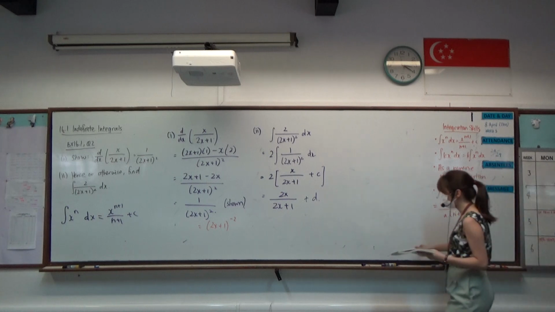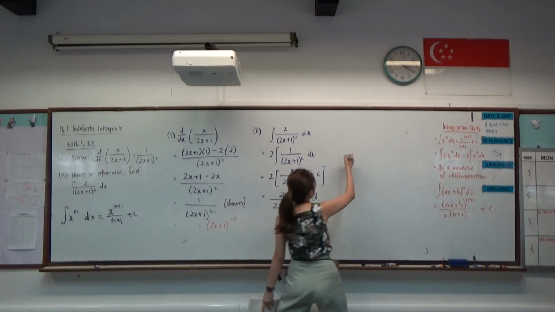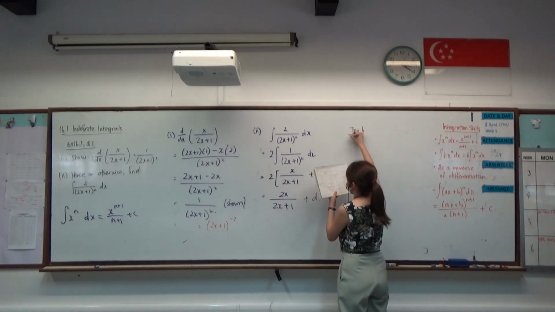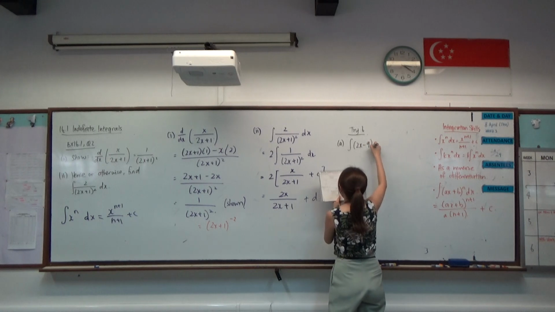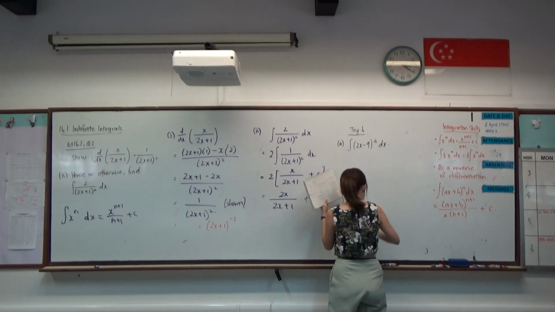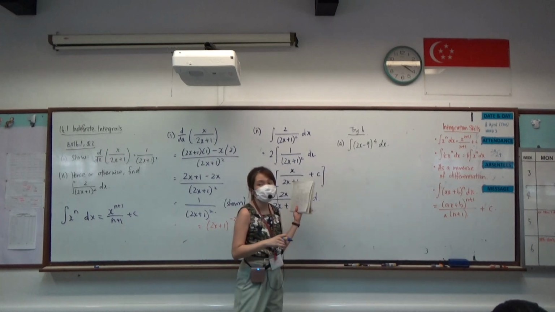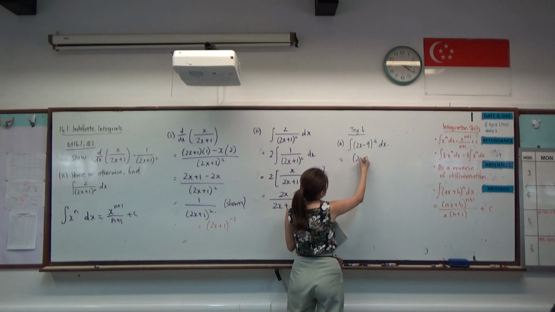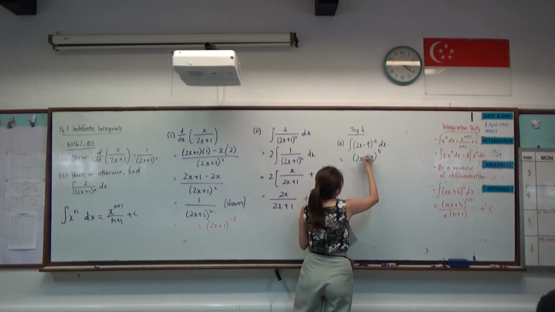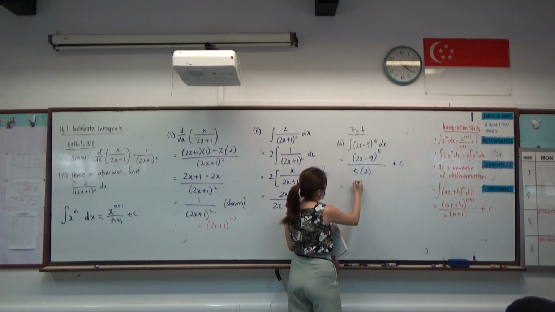Alright, so let's look at some examples. I want to integrate 2x minus 9 to the power of 4. So we will have 2x minus 9 to the power of 5 over 5 times 2, plus c.